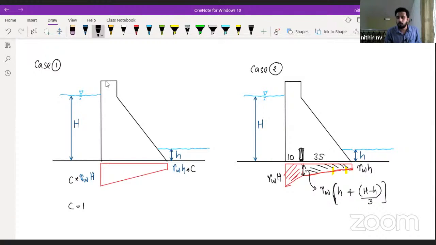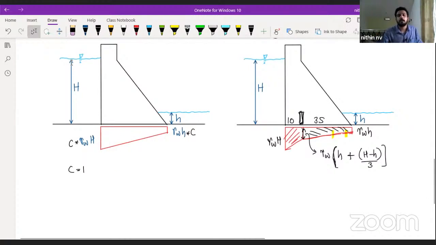This will be the ordinate of that portion corresponding to the drainage gallery. If you expand this bracket, finally we get 2/3 of gamma W into small h plus 1/3 of gamma W into capital H. Means the higher value into 1/3 plus the lower value into 2/3. If you expand it, you will get that as the answer.